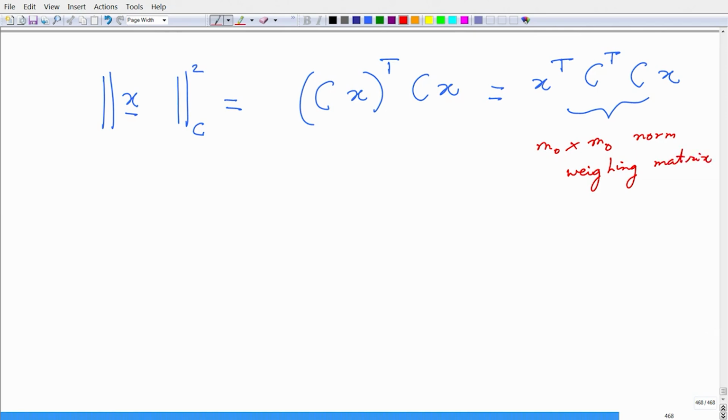I assume my data vector x is M naught by 1, so if you assume this to be of dimensions M naught by 1, then this makes sense.